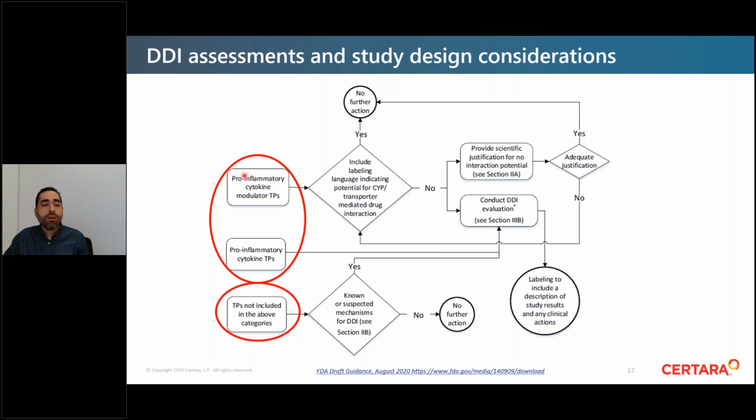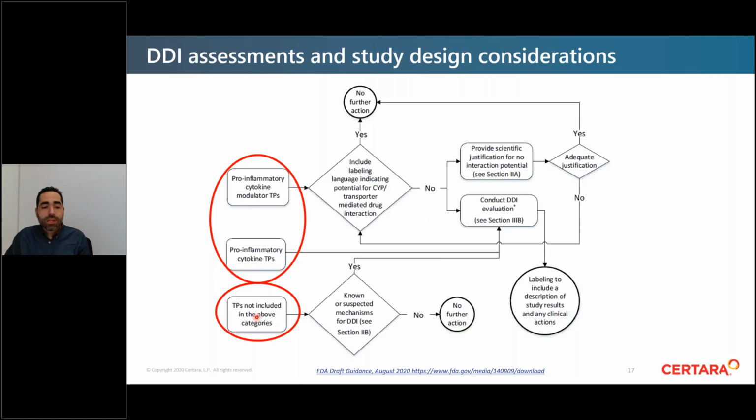However, in the case of pro-inflammatory cytokine modulators, the FDA is offering the possibility to include labeling language informing about the potential interaction and its impact on sensitive drugs, and more specifically for drugs with a narrow therapeutic index. If not, you need either to provide robust scientific justifications to not include this labeling, or to conduct a clinical DDI study.